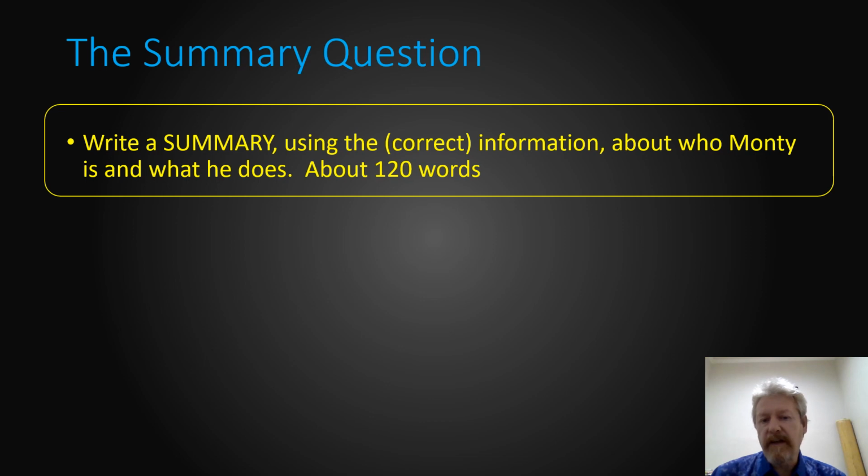Now, I've written on here about 120 words. Today, if you can put in all of that information in good sentences, and it only comes to 80 words or something, that'll be okay. But I don't want to see anybody using more than 130 words. If you go above that, then you'll be losing points, okay? Just this one question is worth 15 points, okay?